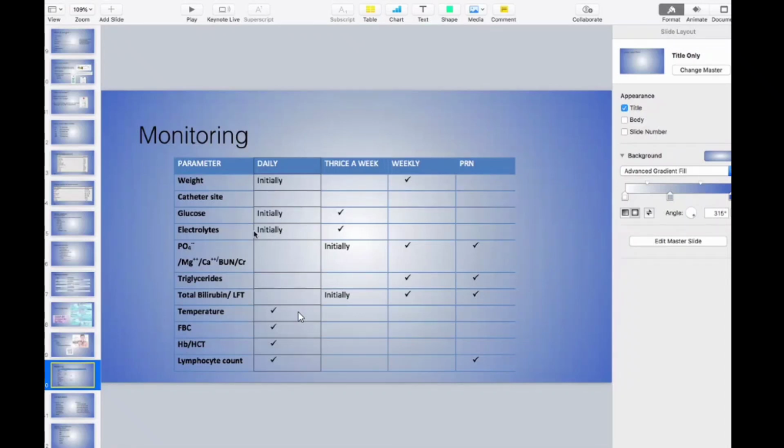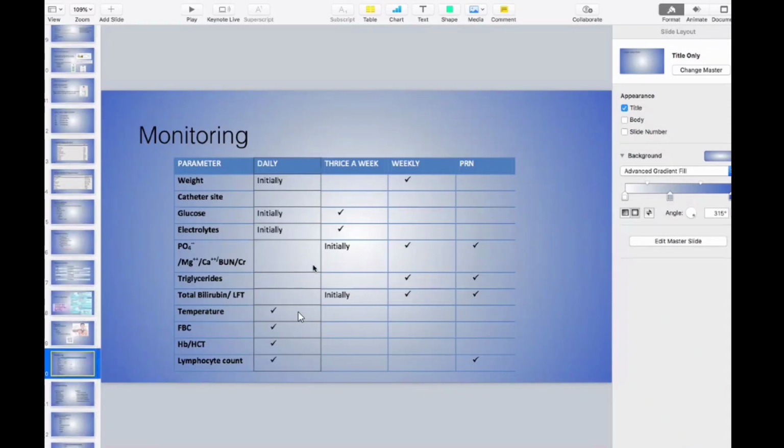But electrolytes like magnesium and phosphate, you will do initially, then you will do those investigations less frequently. You have to decide according to the clinical condition of the patient. Checking magnesium, calcium, phosphates is very costly, very expensive.